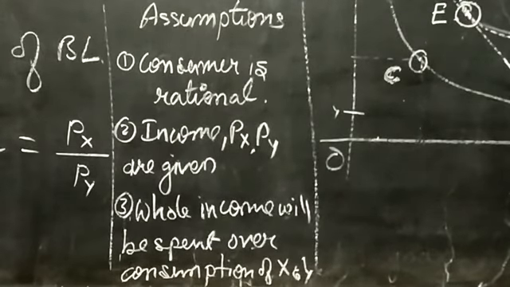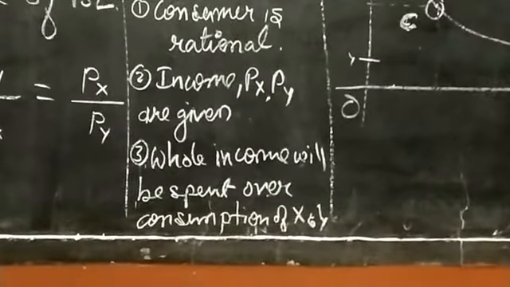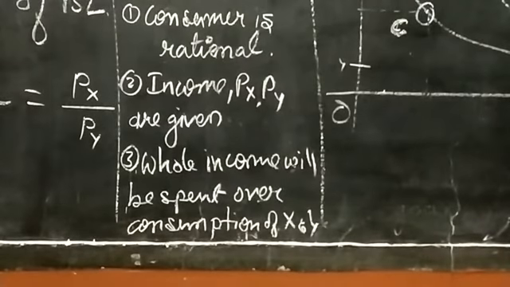Other than that, the consumer is consuming two commodities X and Y, so the price of X and the price of Y are also given and constant. The other condition is that the whole income will be spent on consumption of X and Y. These are the basic assumptions while explaining consumer's equilibrium.